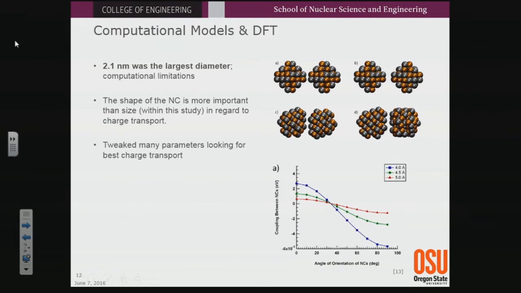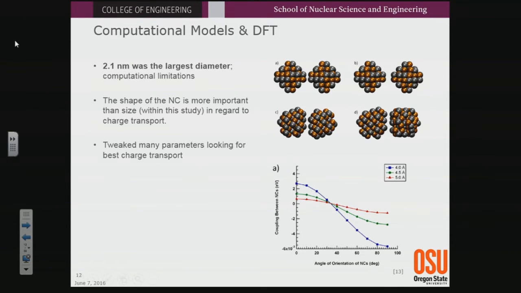I thought this was very cool. It's computational models and density functional theory. They take these really from the ground up, atom by atom, and tweak all the interesting parameters. 2.1 nanometers was the largest diameter. They used lead selenide, but due to computational limitations, they weren't able to expand to larger sizes. They found that the shape of the nanocrystal is more important than the size. Again, you have to take that into consideration in regards to transport, which is what they really look at.